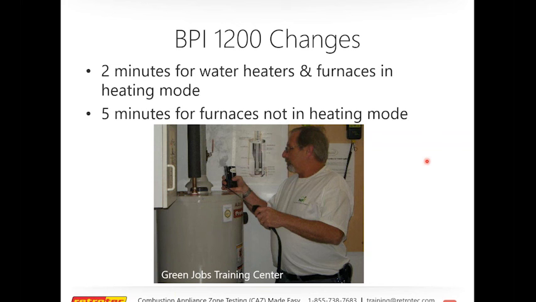I haven't set time aside, and since this is a Retrotec webinar about how to use pressure gauges to test for combustion safety, we are only going to focus on pressure, and that's pressure in the CAZ. The other thing it talks about is solutions, or ways to determine what's going wrong in the house, and how you can find or delineate the problems so that you can try and fix them. That's also outlined in the BPI 1200 standard, or at least alluded to, but we're not going to talk about that.